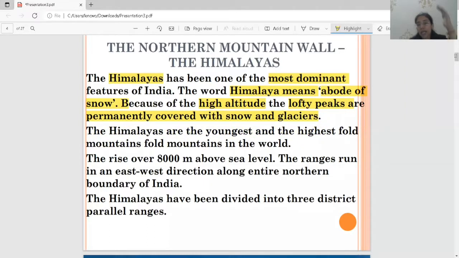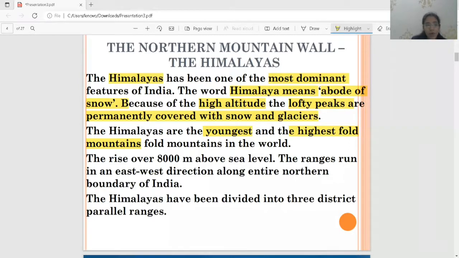The Himalayas are the youngest and the highest fold mountains.